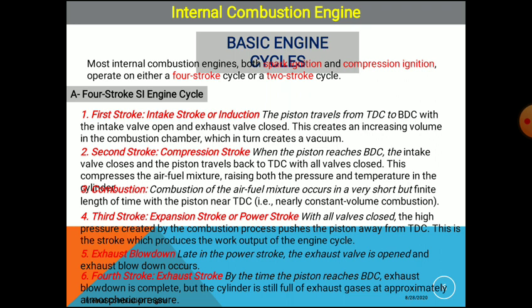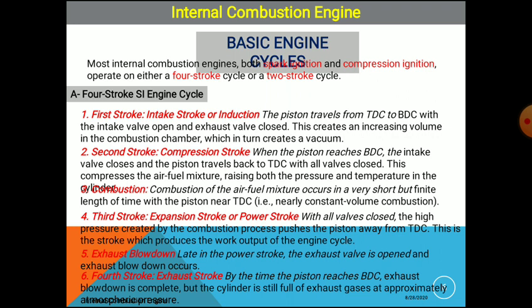The second stroke is compression. When the piston reaches the bottom dead center, the intake valve closes. The piston then travels back to the top dead center with all valves closed.